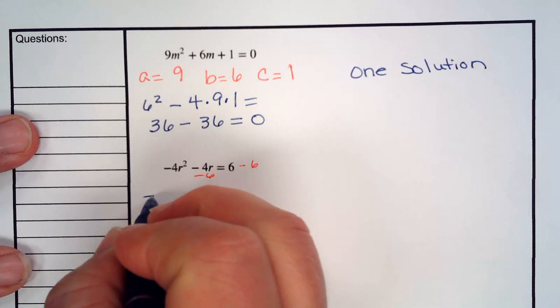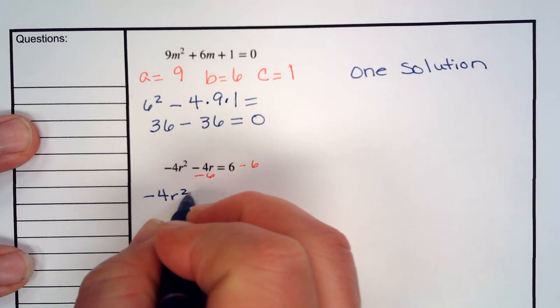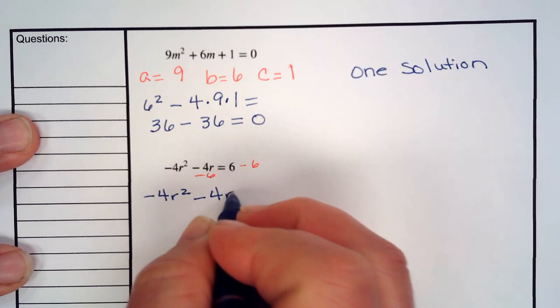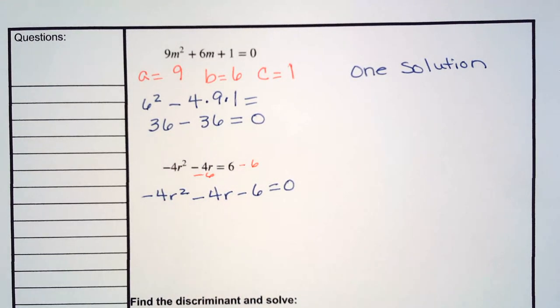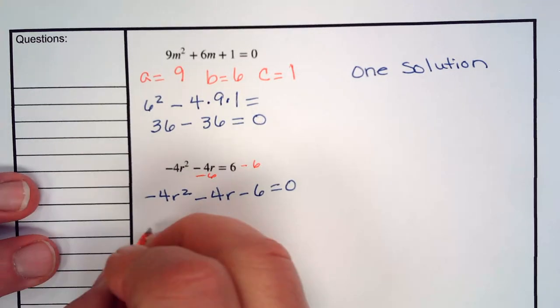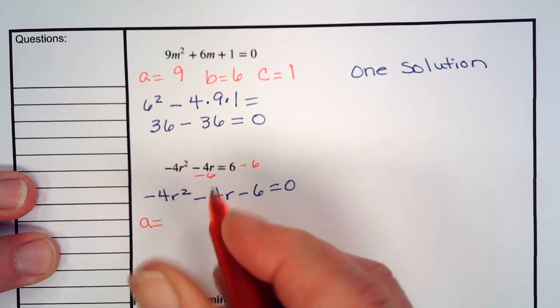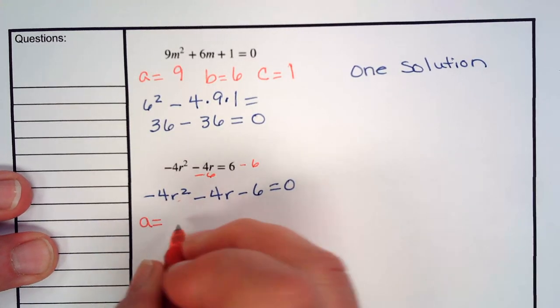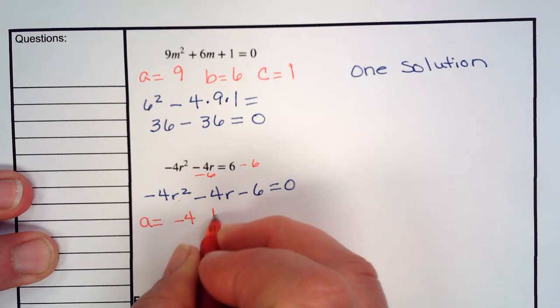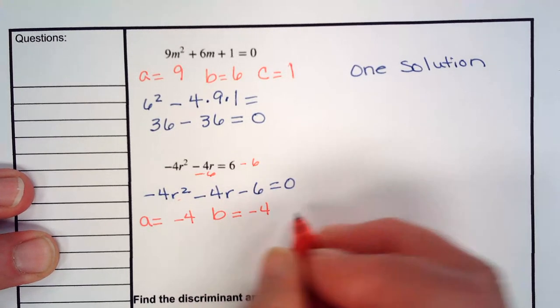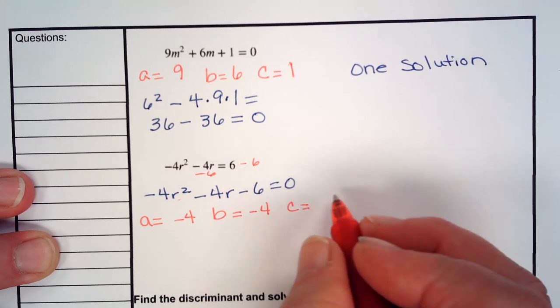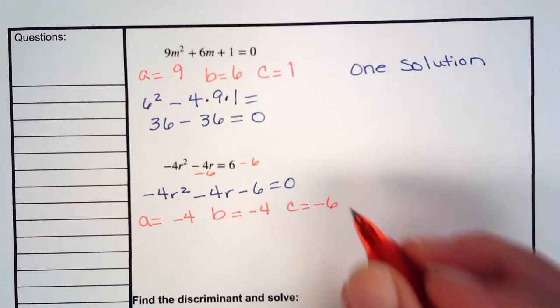So, negative 4r squared minus 4r minus 6 is equal to 0. Now I can find my a, b, and c. A, the coefficient of r squared, is negative 4. B, the coefficient of r, is negative 4. And C, the number, is negative 6.